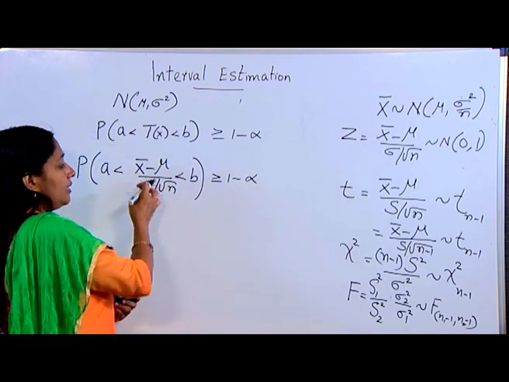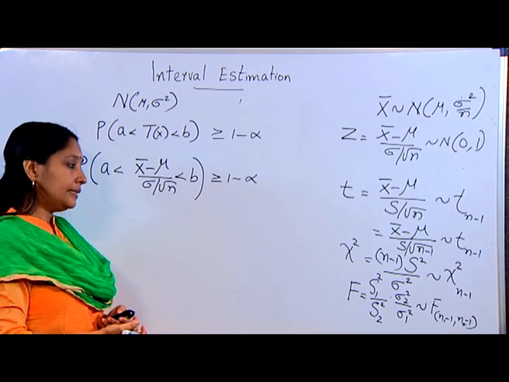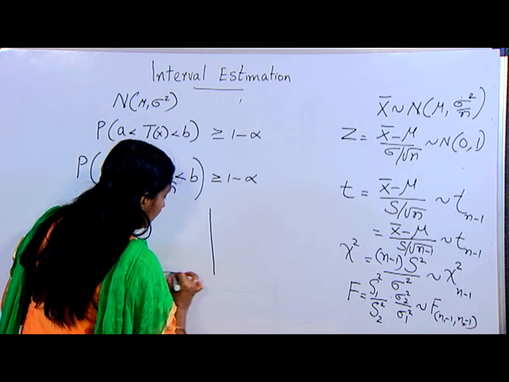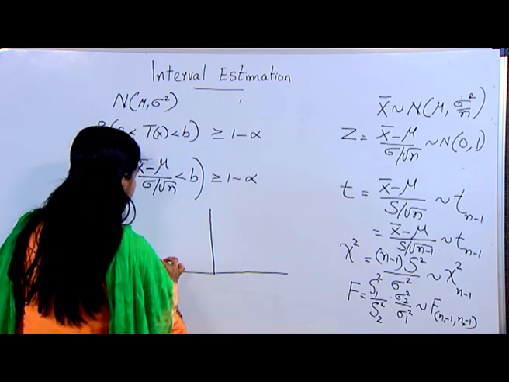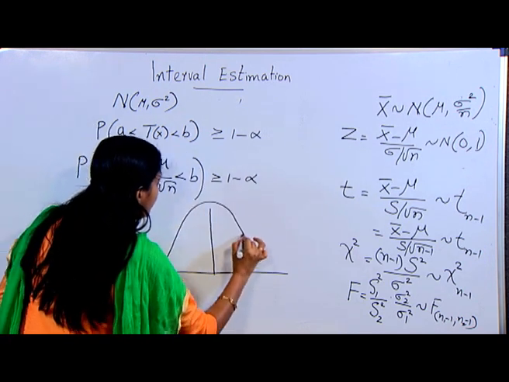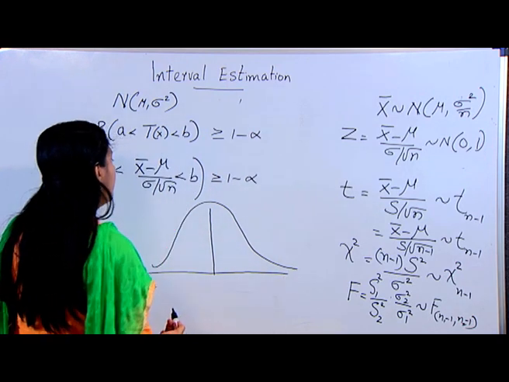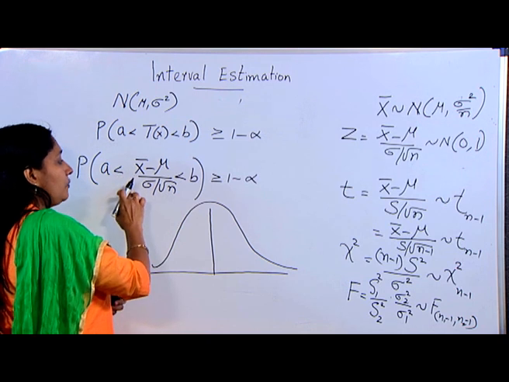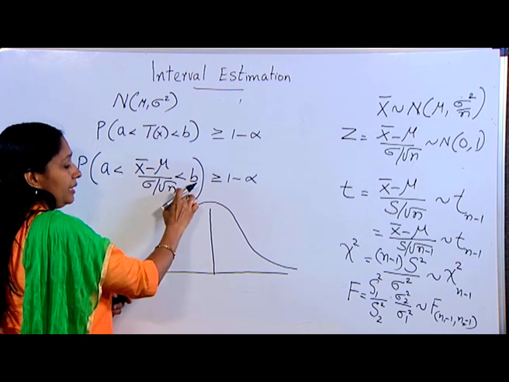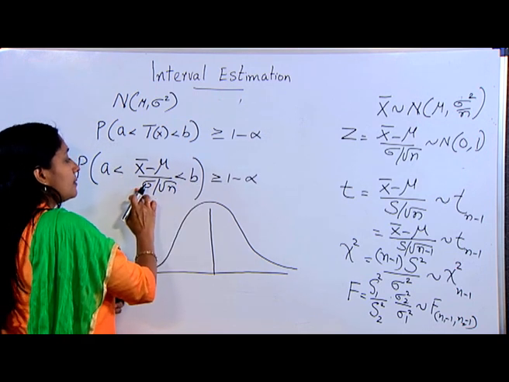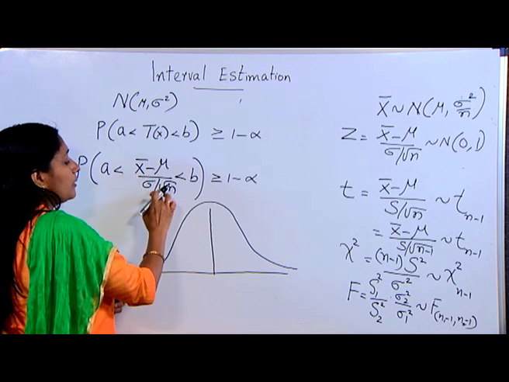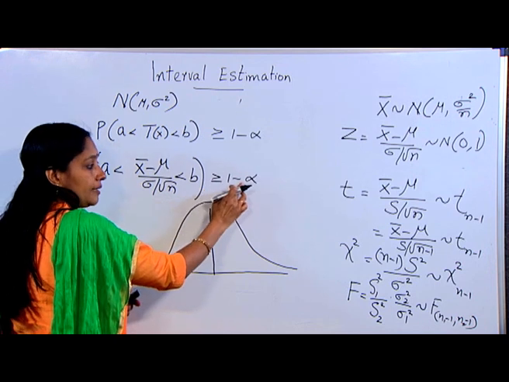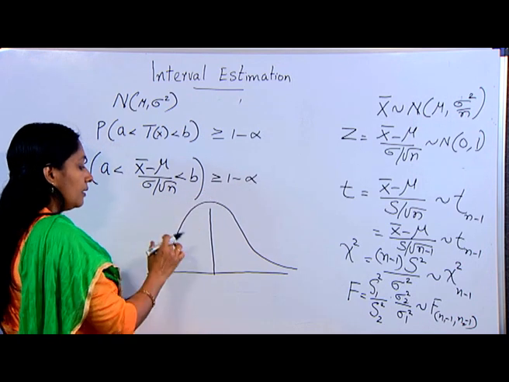Now, since the distribution of T(X) is standard normal, it is a symmetric curve. This means that the interval (a, b) contains (X bar minus mu) by (sigma by root n) with probability at least 1 minus alpha.